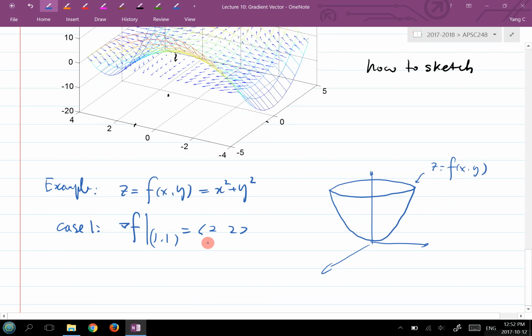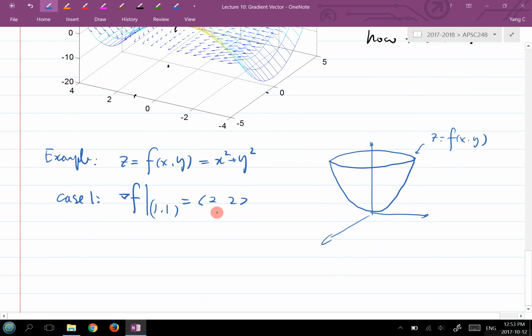Now I want you to sketch this. There are two things to sketch, but try one very simple one first: just sketch the gradient vector (2, 2). So how do you sketch it? This is x, y. Find the coordinates (1, 1).